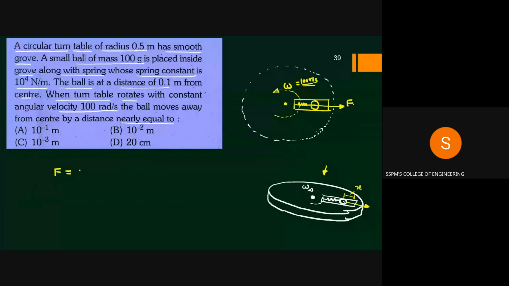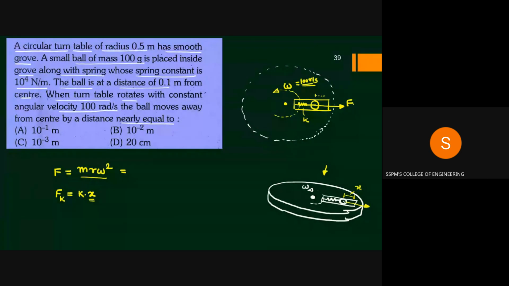F is equal to the first equation that we have, m r omega square. This centrifugal force will be balanced by the spring. The ball is fixed with the help of a spring, and this spring has a constant K. So there is a second formula for F, that is the spring force. Generally spring force is denoted by Fk. So it is K into the deformation of the spring. Here the deformation of the spring will be exactly equal to the displacement of the ball.